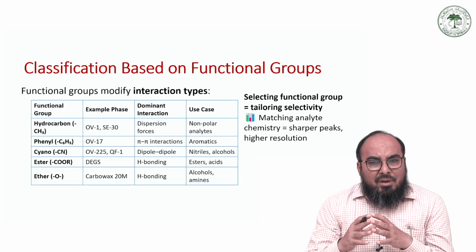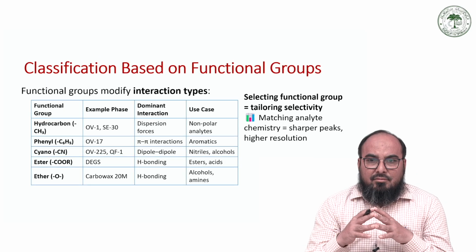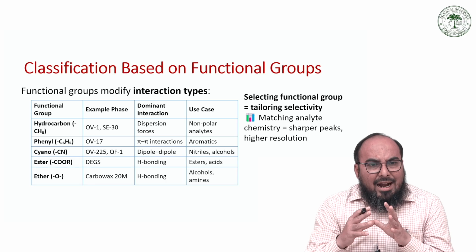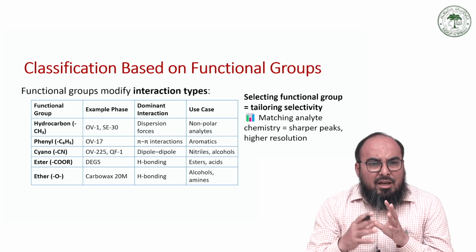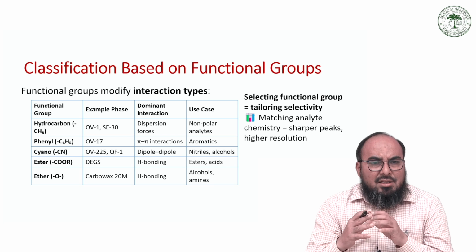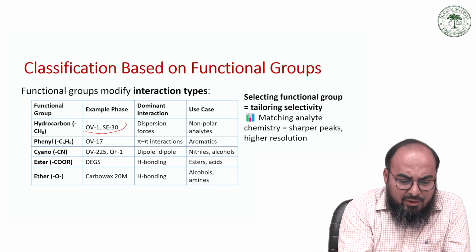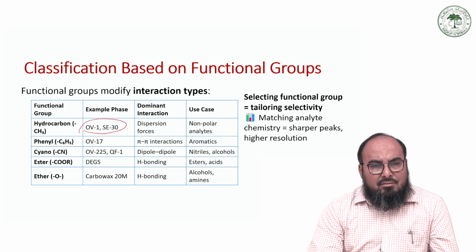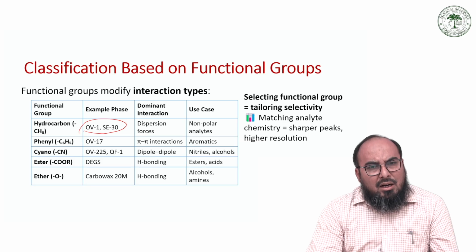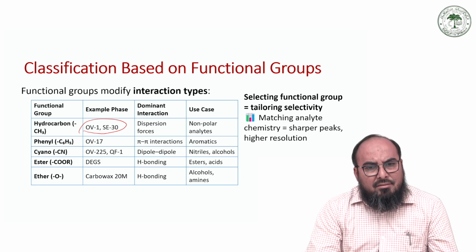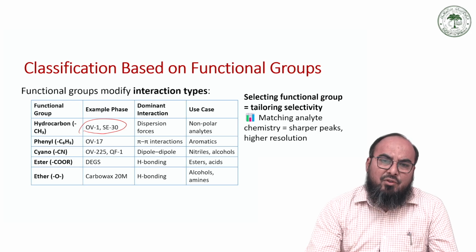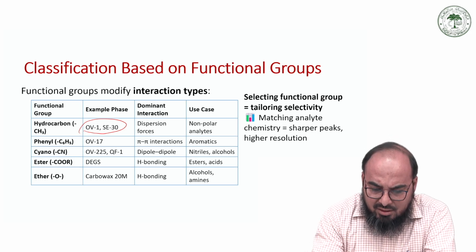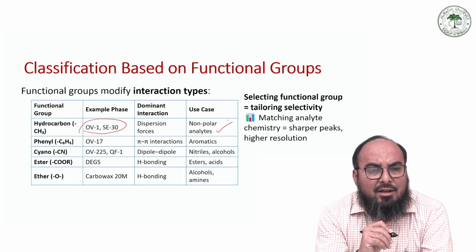So, classification based on the functional group. For hydrocarbons, if you have the functional group of hydrocarbons, maybe alkanes, alkenes or alkynes, you have to always choose OV1, that is the dimethyl siloxane, and the dominant interactions are simply the dispersion forces, and it is good for non-polar analytes.